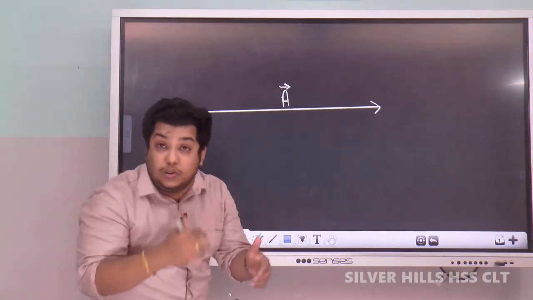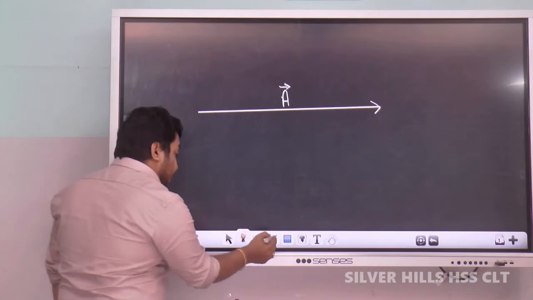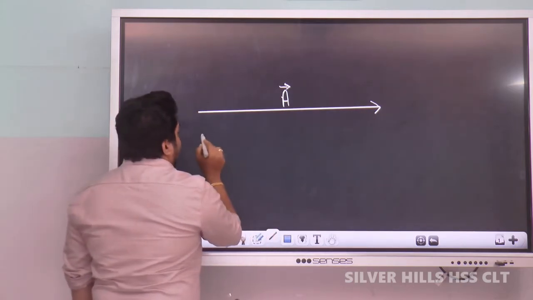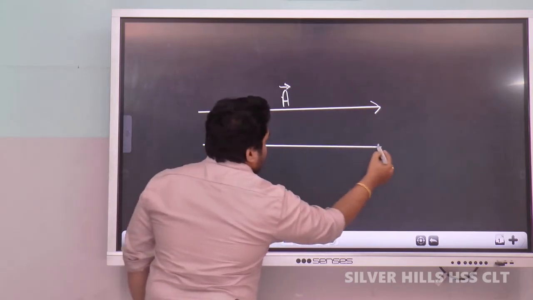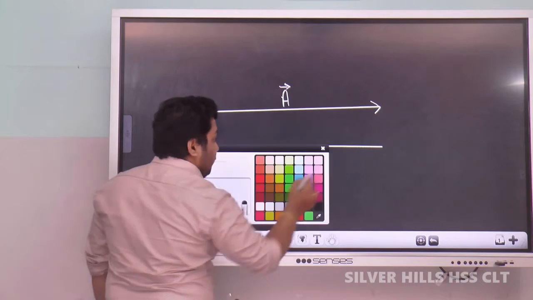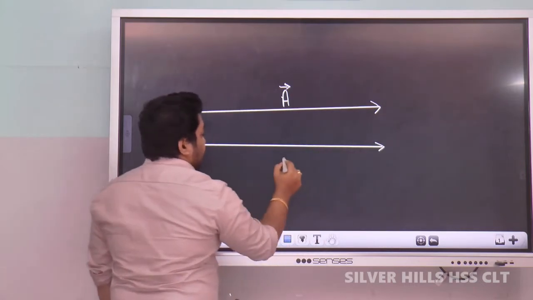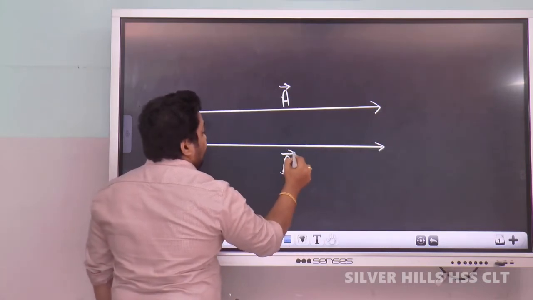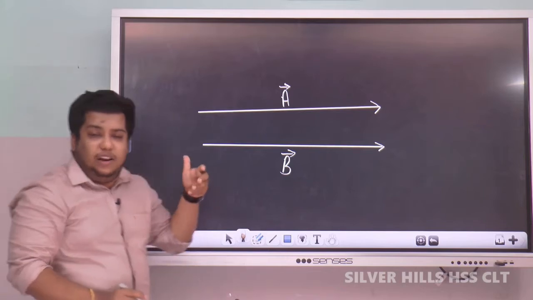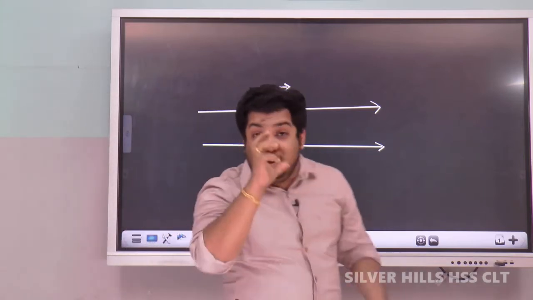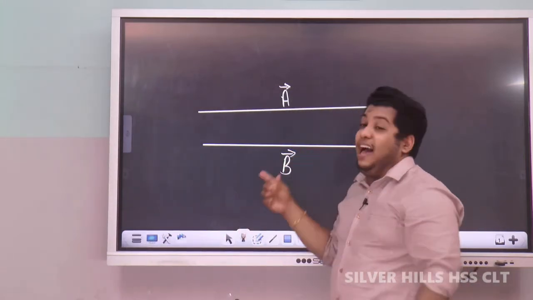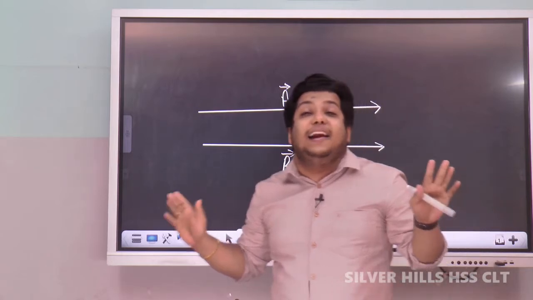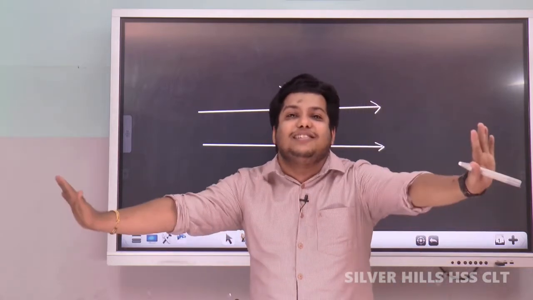Now I'm going to draw another vector, vector B. From the figure itself, it is clear that vector A and vector B have the same magnitude and same direction.